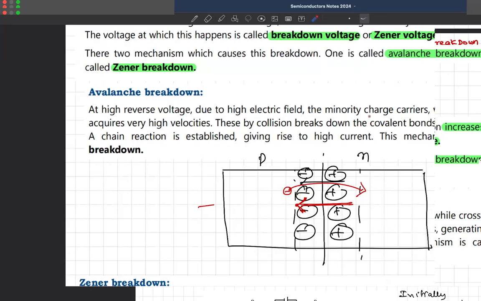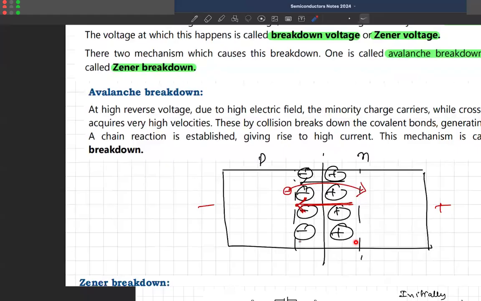This tearing off results in sudden formation of electron-hole pairs. For example, in this depletion region, suddenly if an electron-hole pair is created, this is the direction of the electric field, you know this. So what will happen?